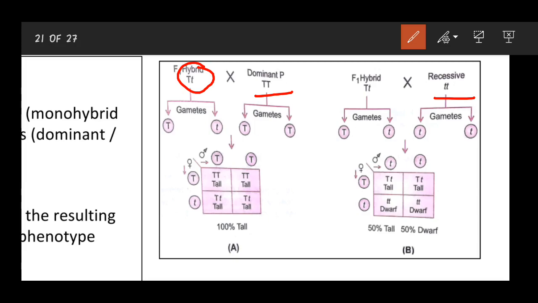These are the two different gametes which are produced.